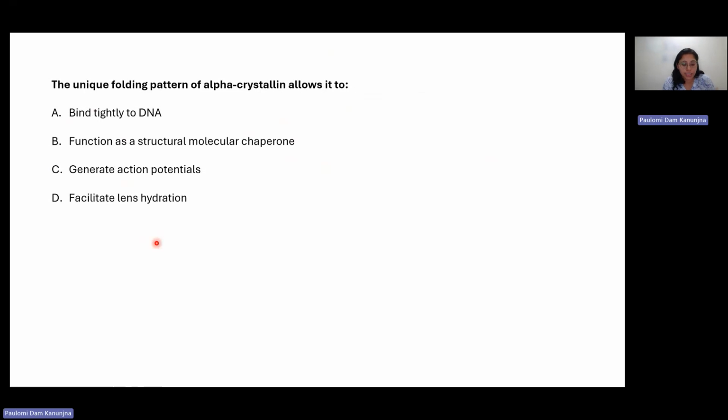Which of these do you think is the answer based on the discussion we just had? We just discussed that the answer will be functioning as a structural molecular chaperone.